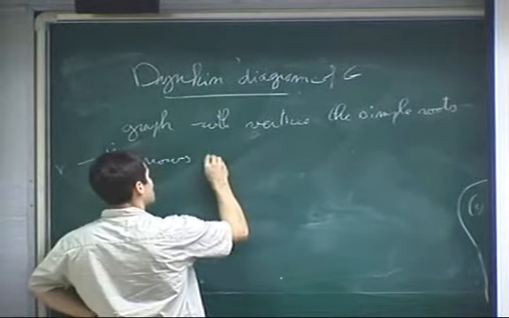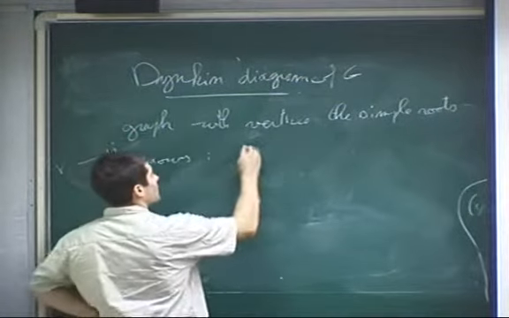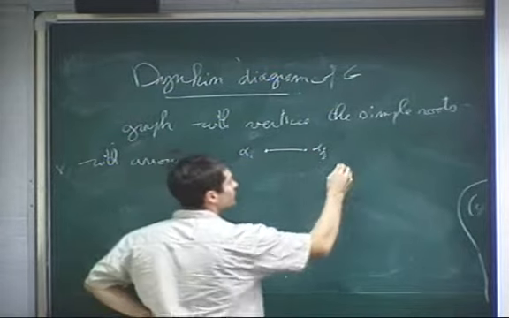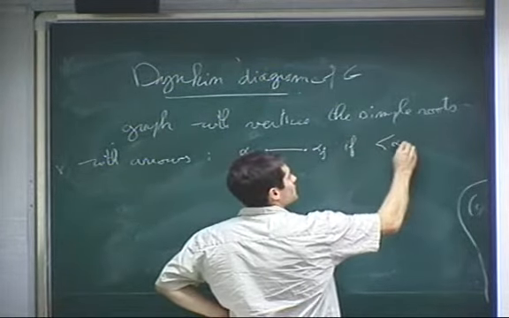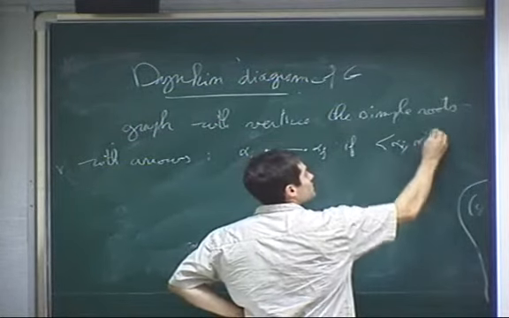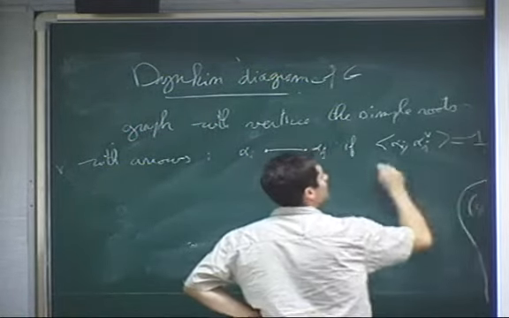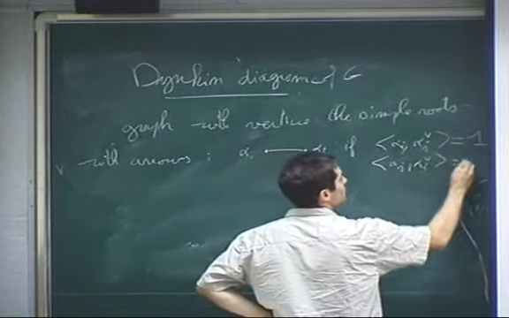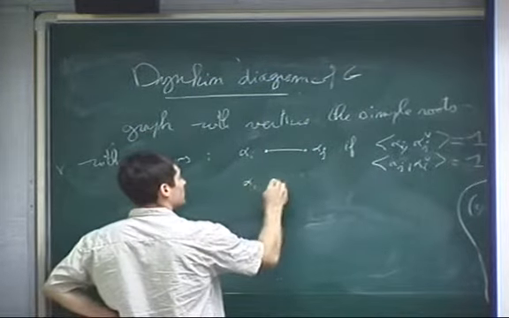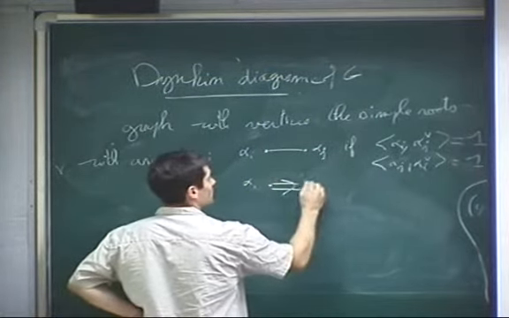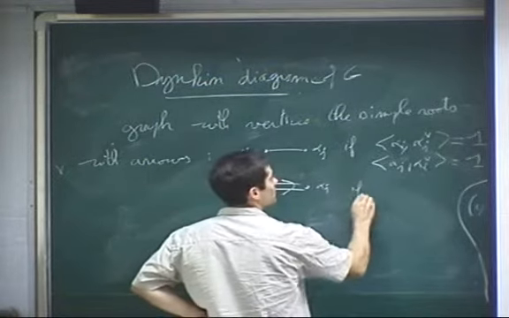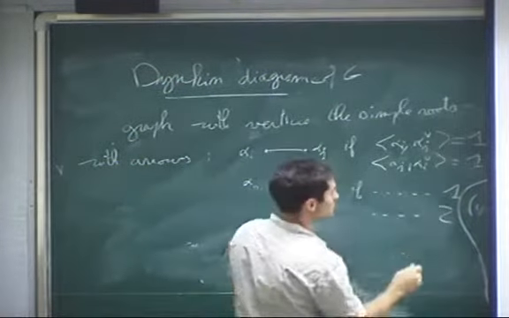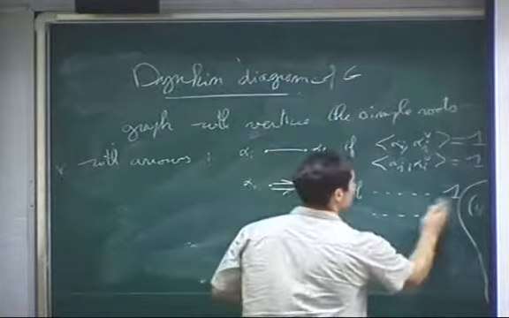So, like this. We have an arrow between alpha i and alpha j if the product alpha i, alpha j dual is equal to 1, and the same alpha j, alpha i dual equals 1. We will have a double arrow if we have 1 here and 2 here.